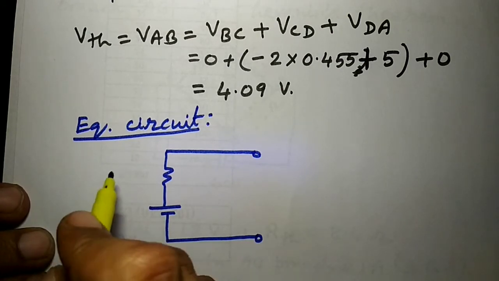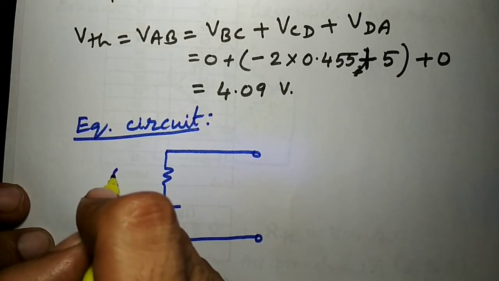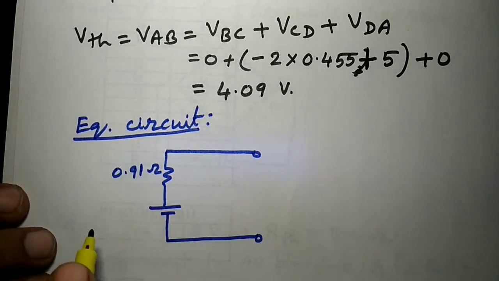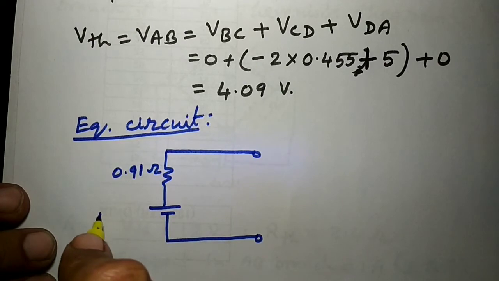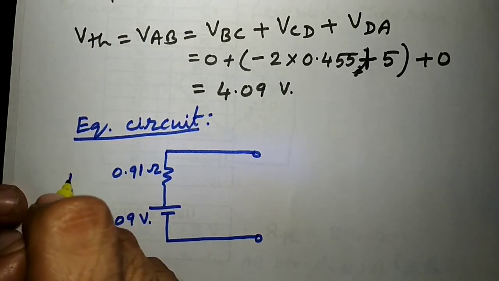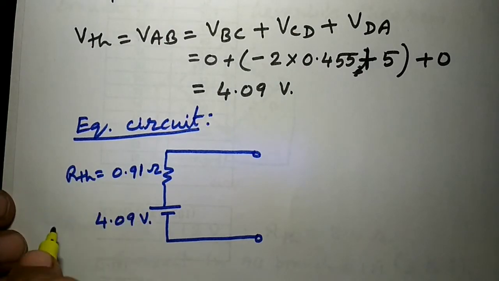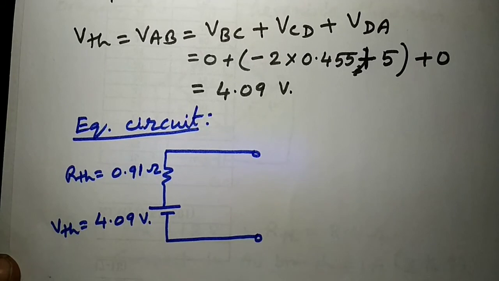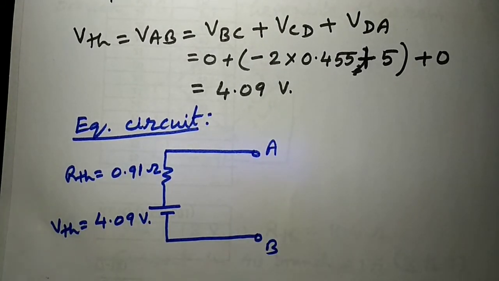The value of RTH was 0.91 ohm and the value of VTH is 4.09 volt. So it is RTH and it is VTH. And this is the terminal A and B. So this is our final answer, the Thevenin equivalent circuit of the given network.